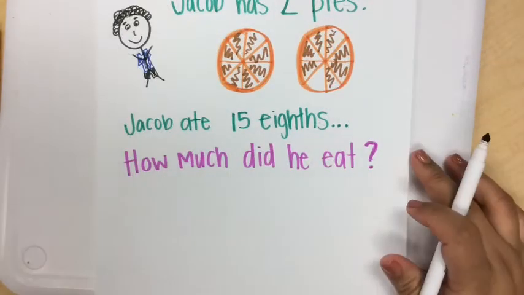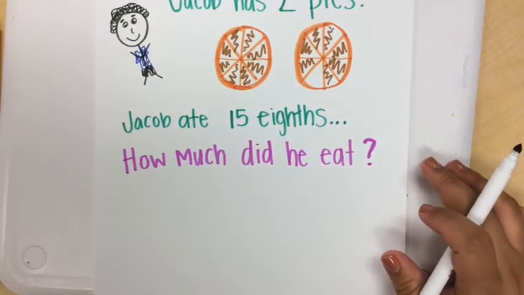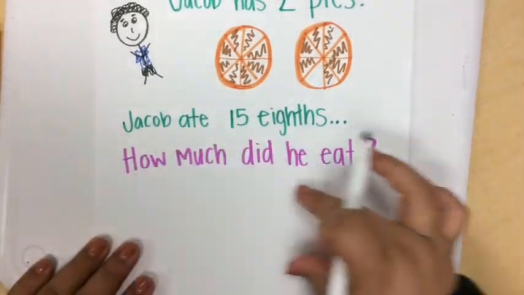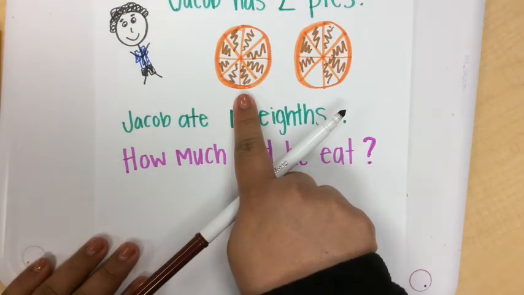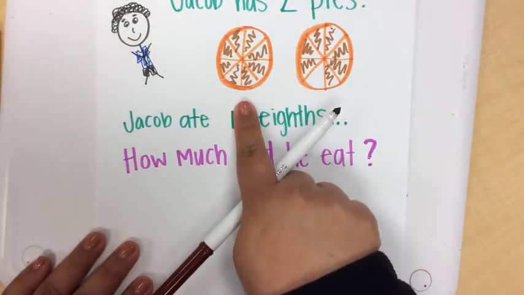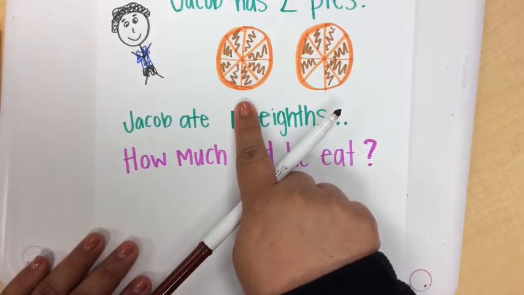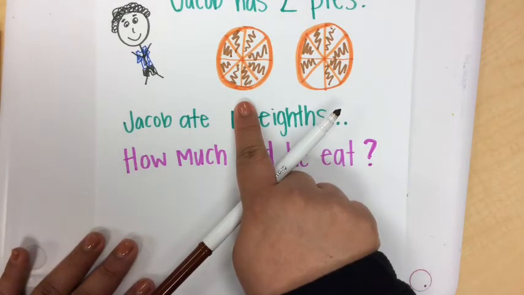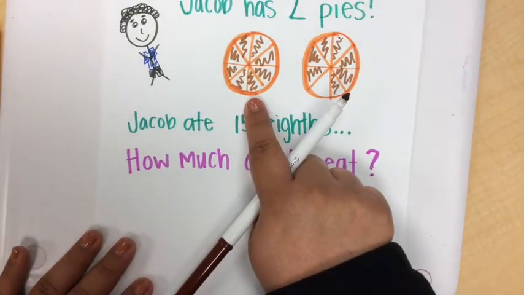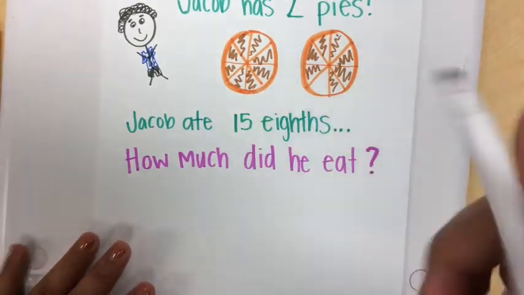Forgot to record that. So you know how in our notebooks we were saying 8 out of 8, you know, so-and-so out of so-and-so. So instead of writing it down here, we're actually going to write it up here under our pie. So looking at this first pie, how much was eaten? 8 out of 8.